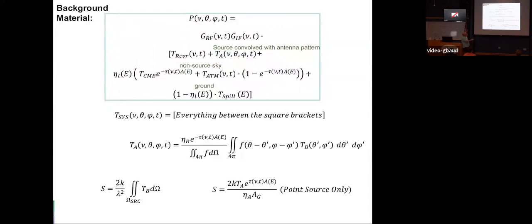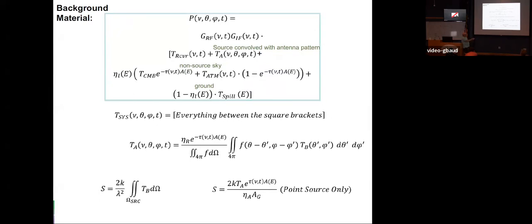We have the non-source sky components, the cosmic microwave background, and the atmosphere itself. So the microwave background signal is basically being attenuated by the Earth's atmosphere. The Earth's atmosphere, you see it both in emission, adding a contribution, and in the absorption through the atmosphere. And then you have a component due to the ground.